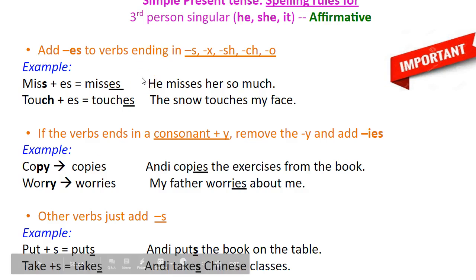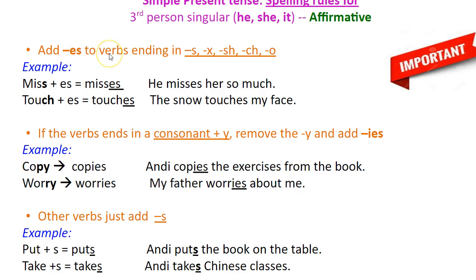Now, there are some difficult spelling rules for simple present tense for the third person singular form. Third person singular means when the subject is he, she, or it.